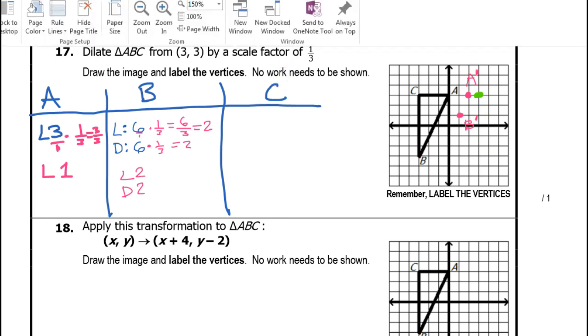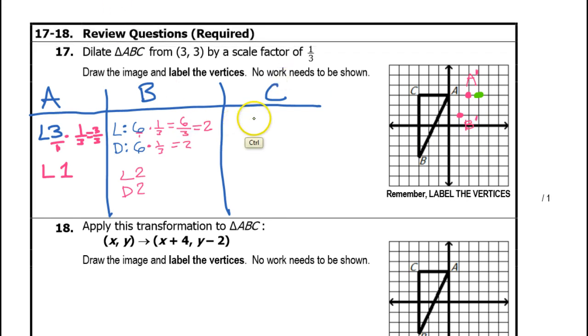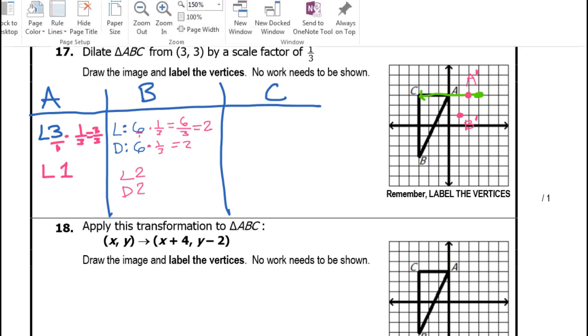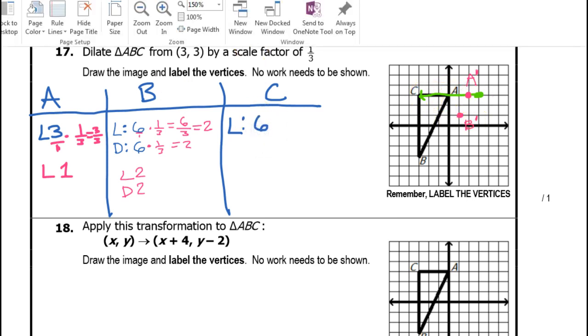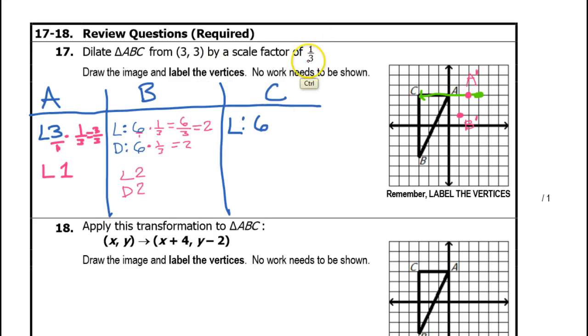Alright, one more time. For point C, the path to point C from the center would be this. I just went left 6. And we've already seen how this turns out. I need to multiply by the scale factor, but we've already seen that 6 times 1/3 is 2. So that means I need to go left 2.